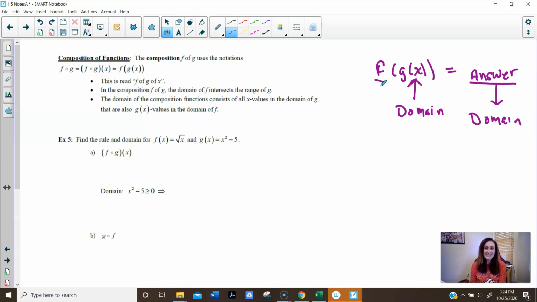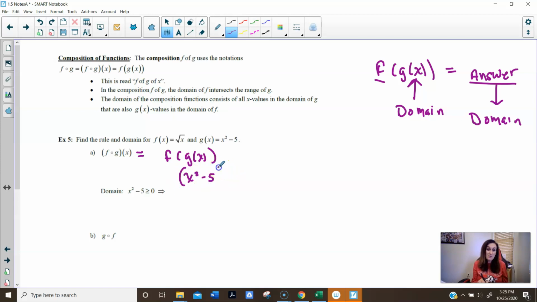So let's look at example 5, and we will go ahead and take the composition function, and then we will look at the domain. So we have f of g of x. I like to call it fog, is f of g of x. So we start with g of x, which is x squared subtract 5.